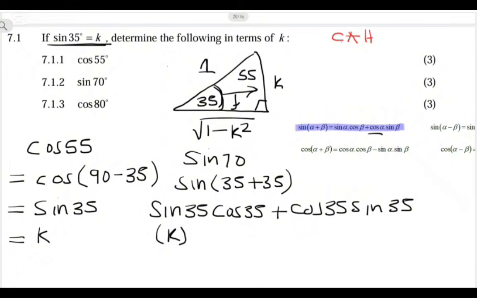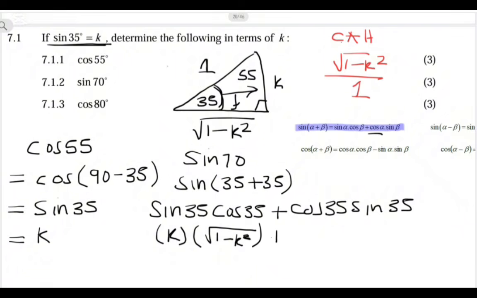So our adjacent here is going to be the square root of 1 minus k squared, and the hypotenuse is equal to 1. In other words, cos 35 is the same as the square root of 1 minus k squared. So we can just substitute it there for cos, which is the square root of 1 minus k squared.